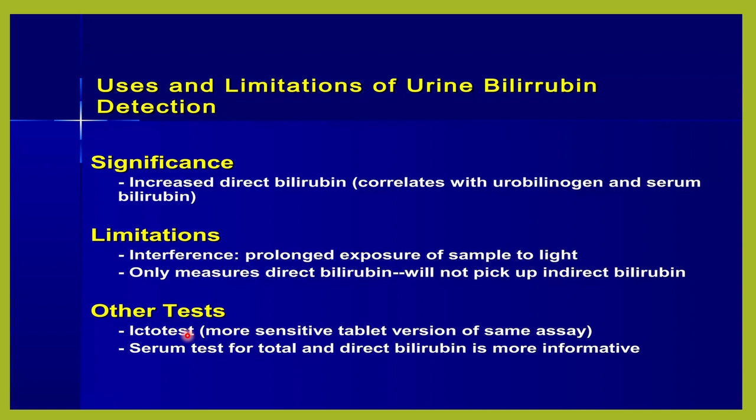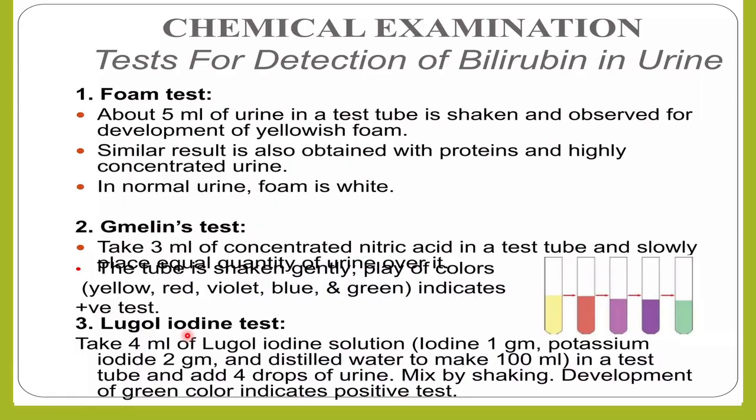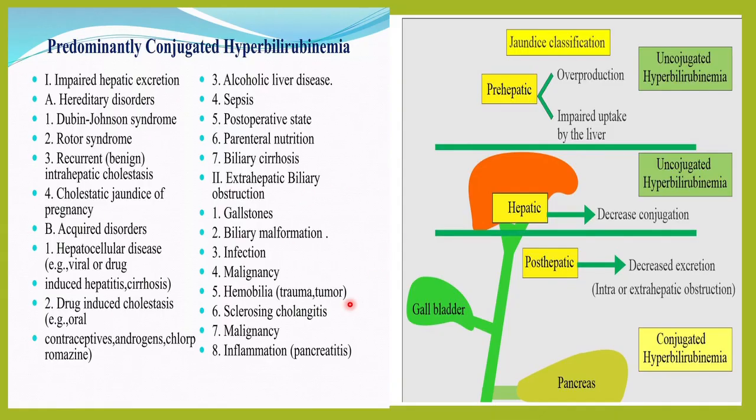And then we can come to a conclusion about the causes of conjugated hyperbilirubinemia, which could range from a hereditary disorder to an acquired disorder, a malignancy, or an infection, and we can pinpoint the cause of conjugated hyperbilirubinemia and its excretion in the urine.